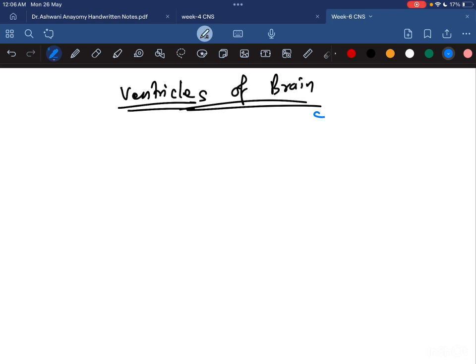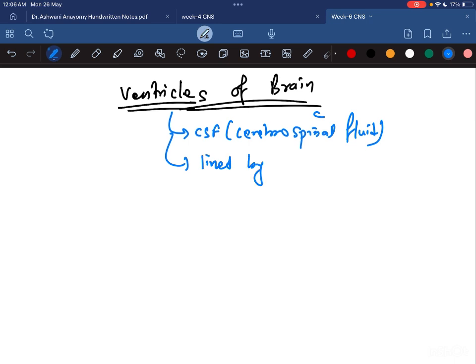These ventricles contain CSF, cerebrospinal fluid, and they are lined by ependymal cells.